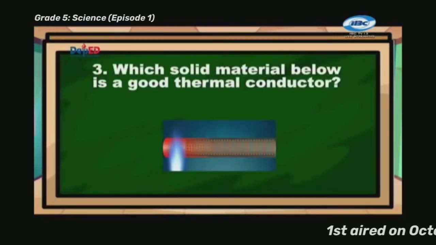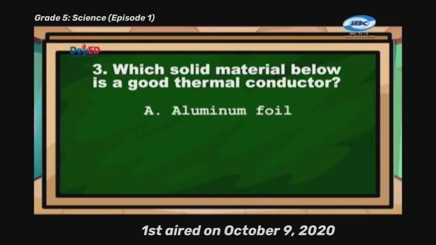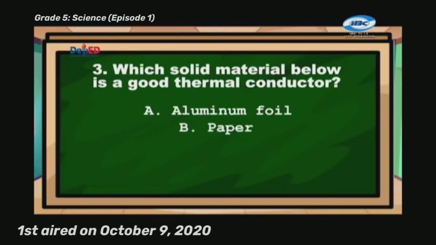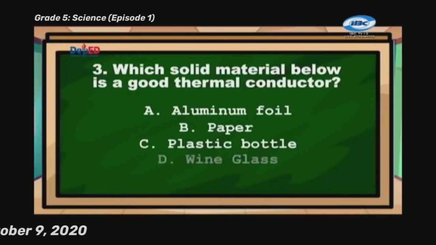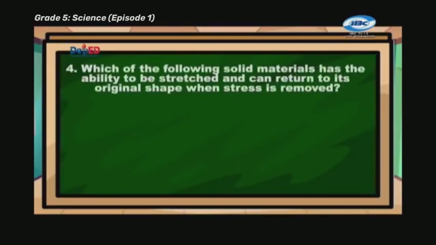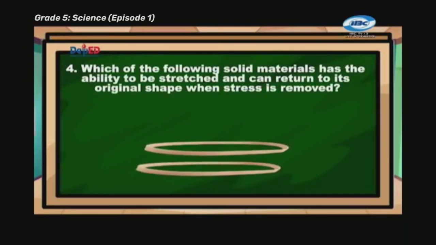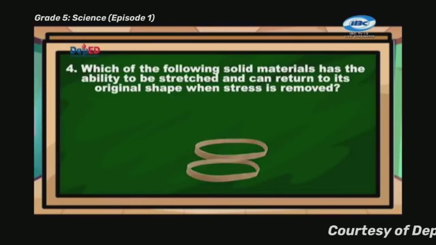Number 3. Which solid material below is a good thermal conductor? A. Aluminum foil. B. Paper. C. Plastic bottle. D. Wine glass. Number 4. Which of the following solid materials has the ability to be stretched and can return to its original shape when stress is removed?